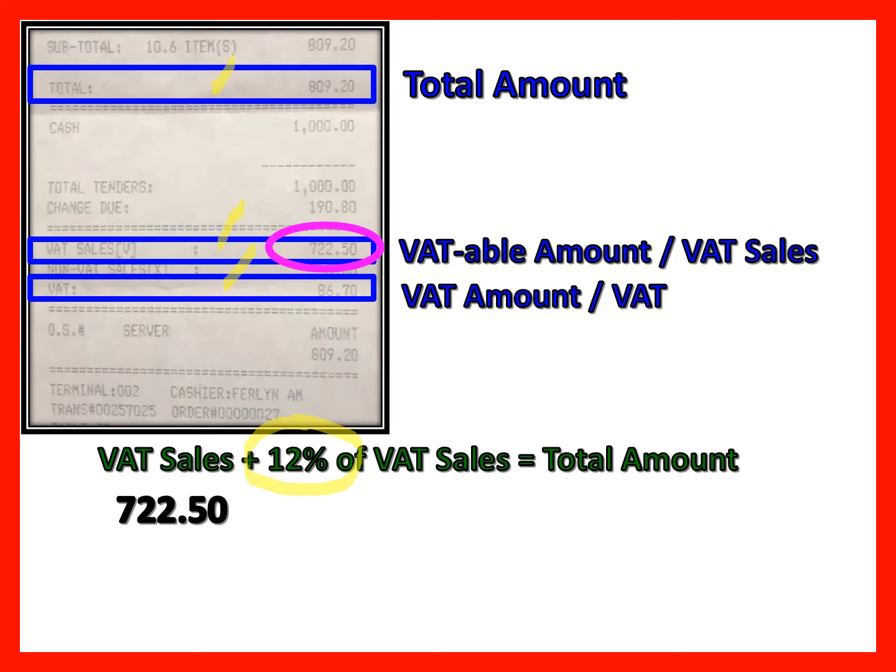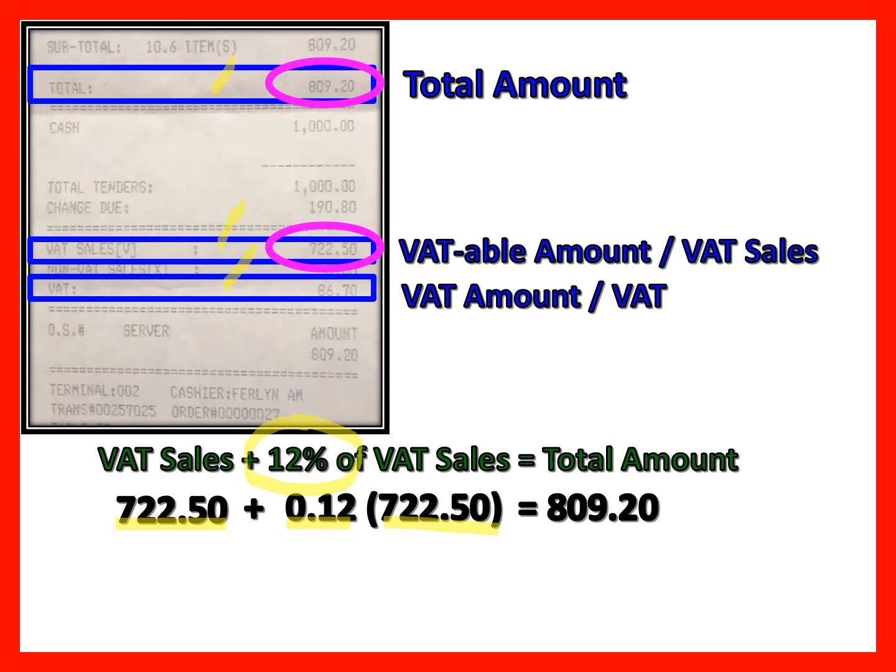By the way, that is the 722 pesos and 50 centavos, the VAT sales. So, plus 12% is 12 hundredths in decimal. And just bring down the VAT sales of 722 pesos and 50 centavos. And this should be equal to the total amount of 809 pesos and 20 centavos.